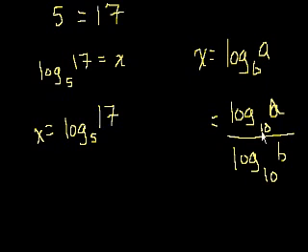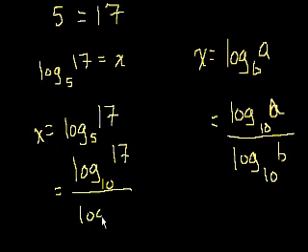You could have the natural log of a divided by the natural log of b. You could do whatever log you want, but log base 10 is on your calculator, so that's why this is convenient. So we could say that this is equal to the log base 10 of 17 divided by the log base 10 of 5. And that should be a choice. Yep, that's choice D.